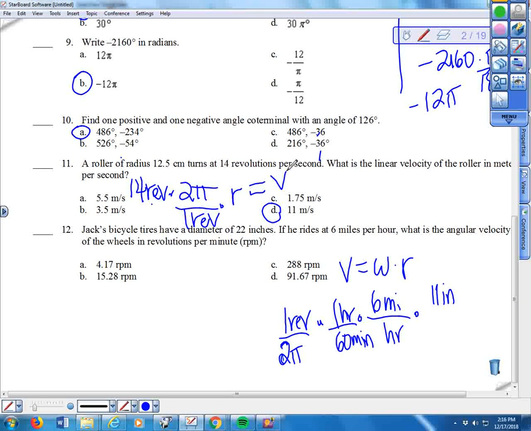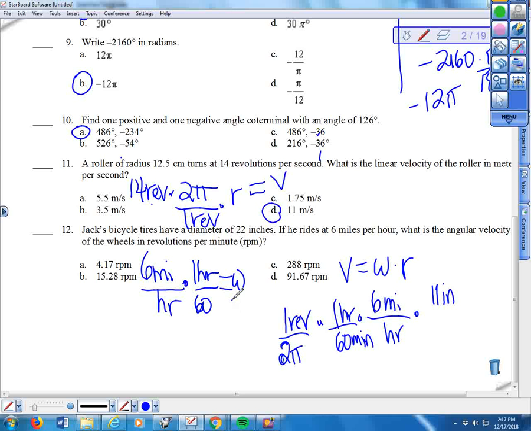He rides 6 miles per, oh, this is velocity, so 6 miles per hour times 1 hour over 60 equals angular velocity, right? So I'm going to take this and divide it by r to get this.